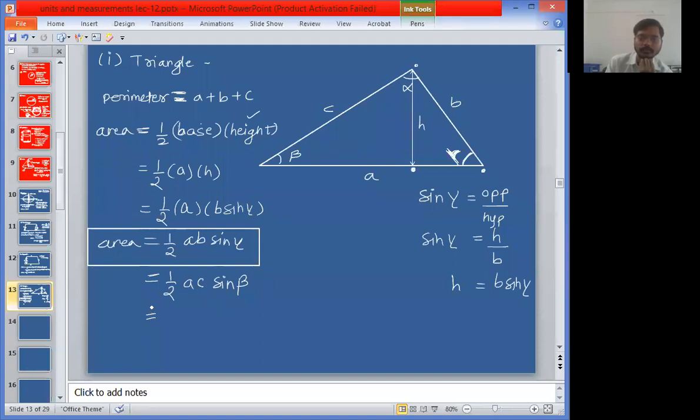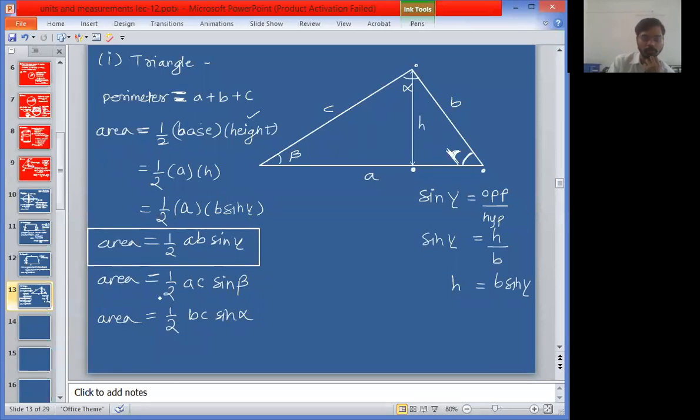Very good. Similarly, can I say B into C into sin alpha? 1/2 as it is, B into C into sine of the angle between them. 1/2 BC sin alpha. Yes, sir, this also we can do. That is also the area of the triangle.